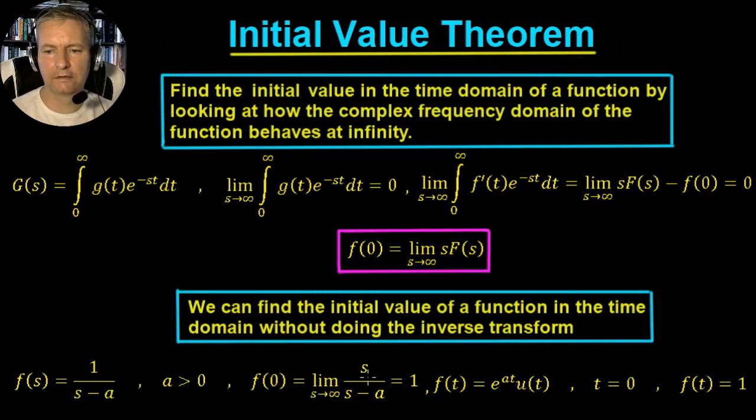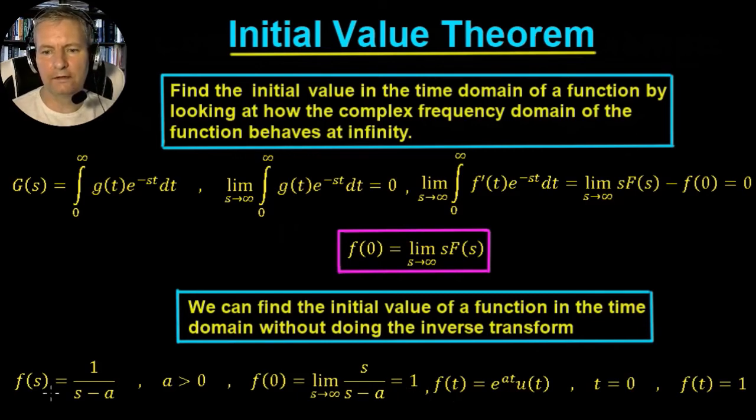So it's going to be s upon s minus a, as we just multiplied this function by s. Now the limit as s tends to infinity of this is going to equal 1. So that's telling us that the initial value of the function in the time domain is just going to be a value of 1. Let's check and see if that is the case.